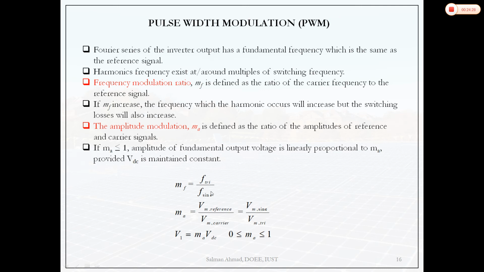So MF is defined as the frequency of the triangular carrier waveform over the frequency of the reference sine waveform, and amplitude modulation is the ratio of the reference signal magnitude to the carrier signal magnitude. It is normally between 0 and 1. The fundamental component magnitude is proportional to the amplitude modulation. The higher this value, the higher the output voltage.